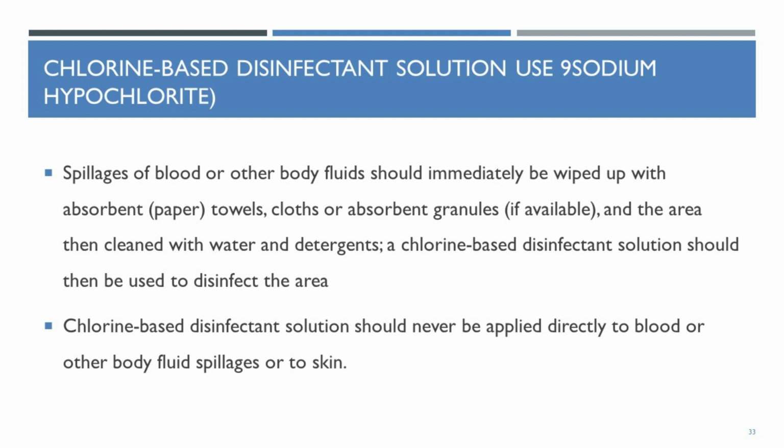Chlorine-based disinfection solution should never be applied directly to blood or other body fluid spillages or to the skin. So first absorb and mop them, clean with water and detergent, and when there is no blood or body fluid, then use the chlorine as a disinfectant.